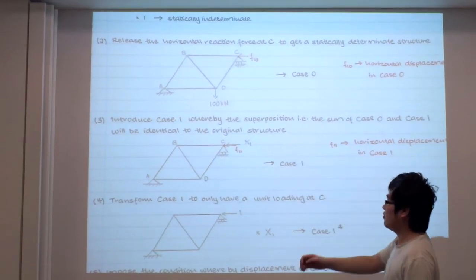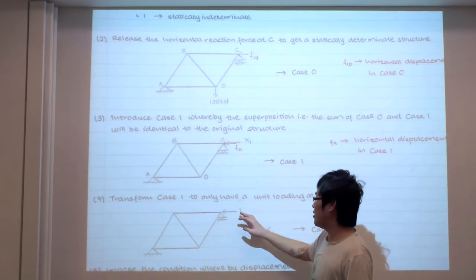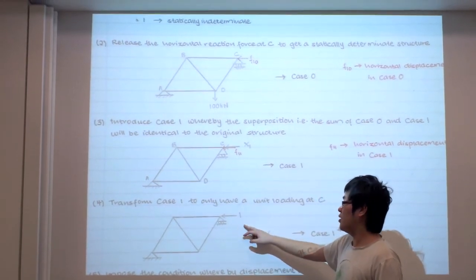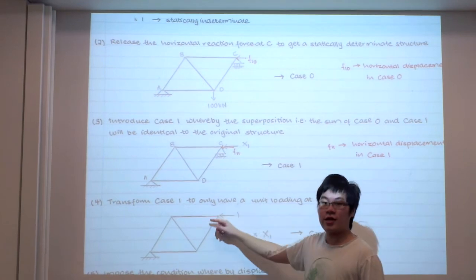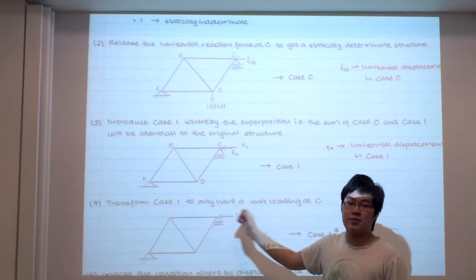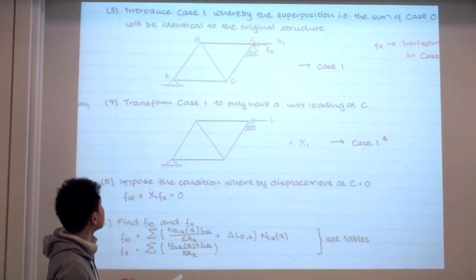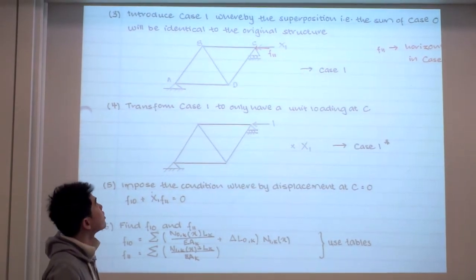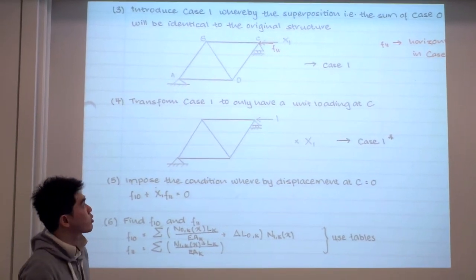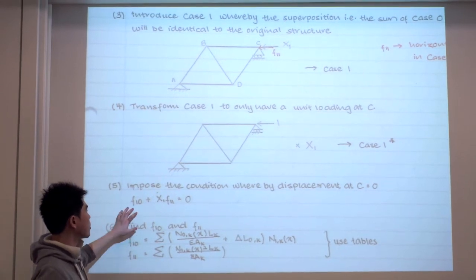To find X1, we will have to apply a unit load 1 in the horizontal direction at point C. Since the horizontal displacement at C in the original structure has to be equal to 0, we apply this equation.